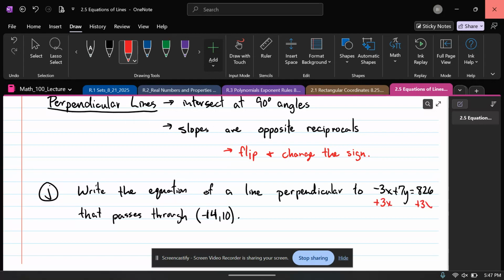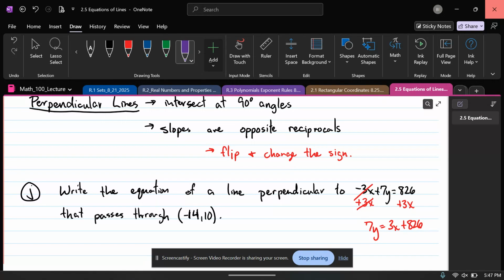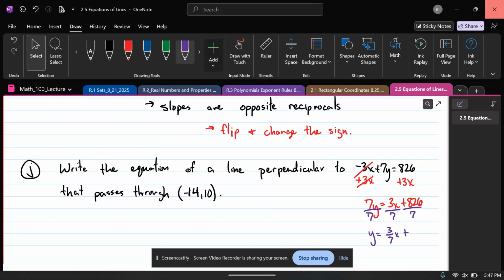That's going to give me 7y equals 3x plus 826. Divide by 7. That's going to be y equals 3/7 x plus 118. It goes evenly. Hey, I picked out some good numbers there.